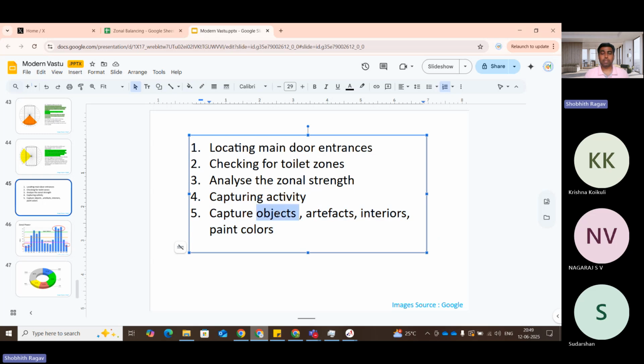For mapping each object, whether it falls under the earth element, water element or fire element, we need to add a lot of thumb rules and basic understanding. So we will try to add that here. Then we will go to the remedial part.